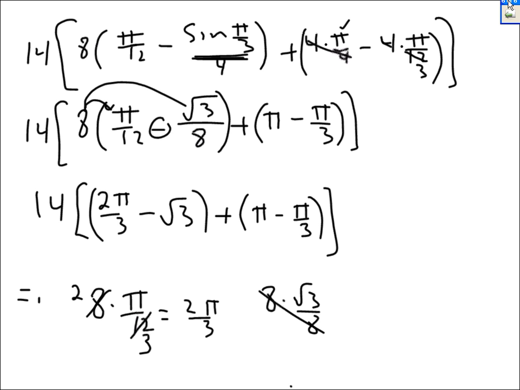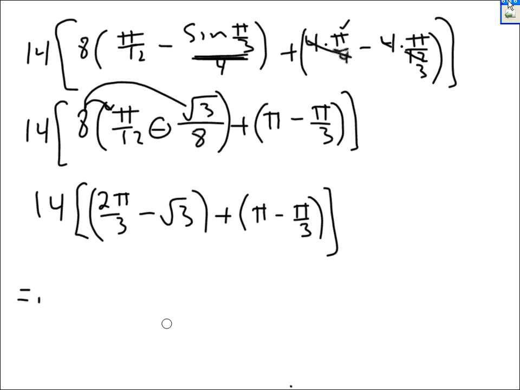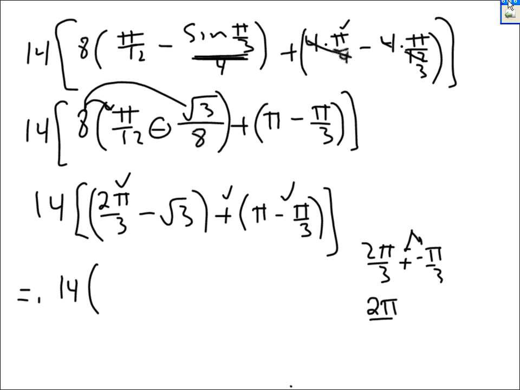Okay, let us try to combine stuff. Now, it's just silly algebra. 2 pi over 3 plus negative pi over 3. You can always change those two signs. So it's 2 pi over 3 minus pi over 3.